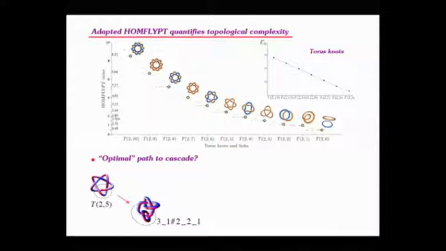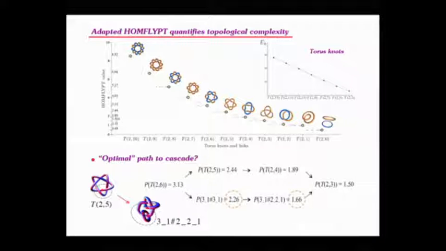But of course, you are not strictly limited to this particular family of knots. Fluids can do whatever they want. We may think that the 2,5, instead of going to the 2,4, might go to this connected sum. Why not? So we just started to play with numbers, the little we could do, mind you. This is the pathway you have if you follow the HOMFLYPT analysis as I presented.